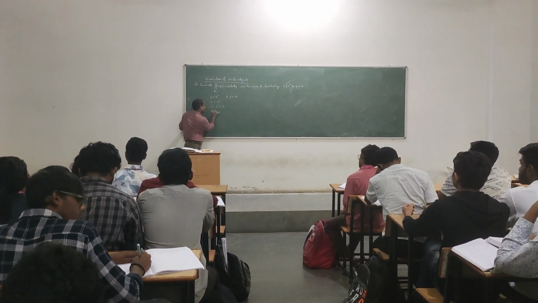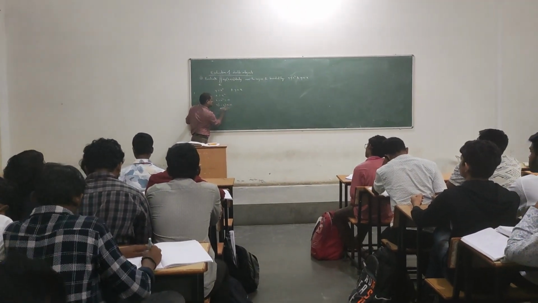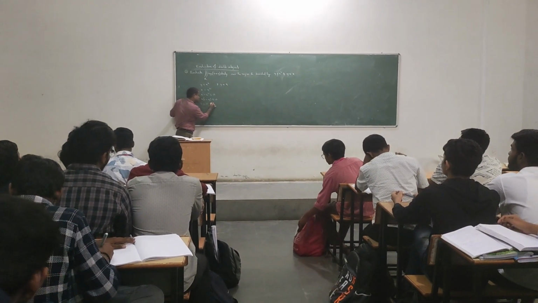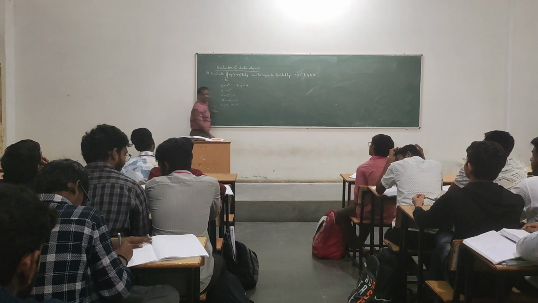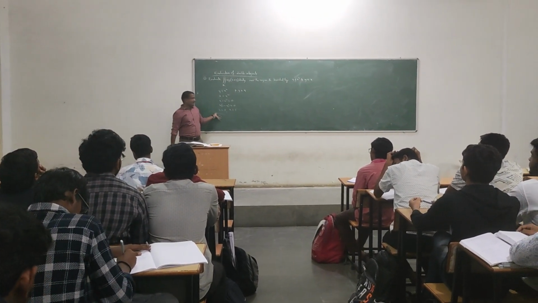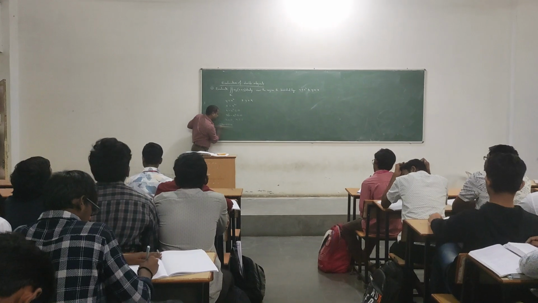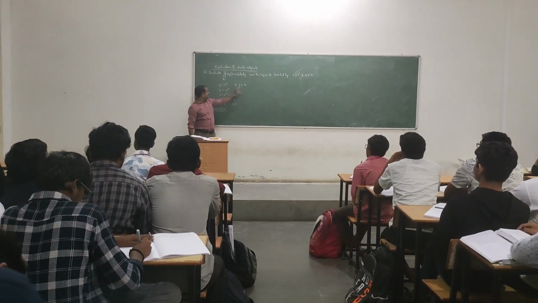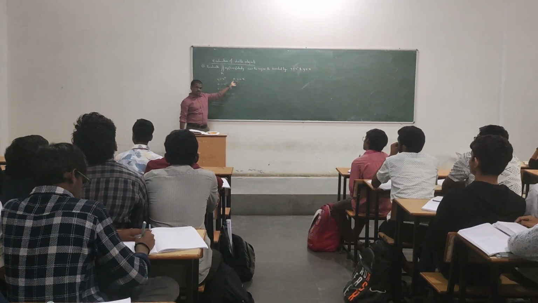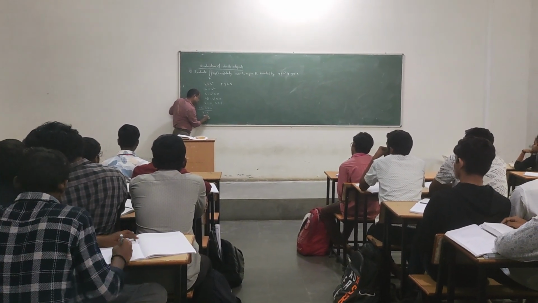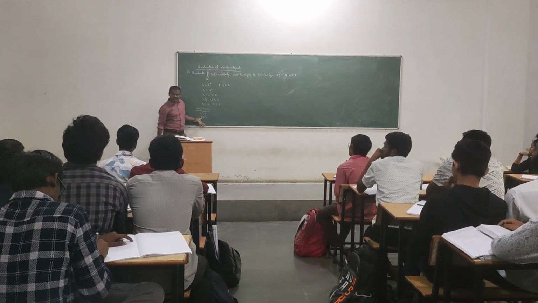Then x into (1 minus x) is equal to 0. Then what is the interval? x is equal to 0 and x is equal to 1. Now, when x is equal to 0, y is equal to x, so y also becomes 0.